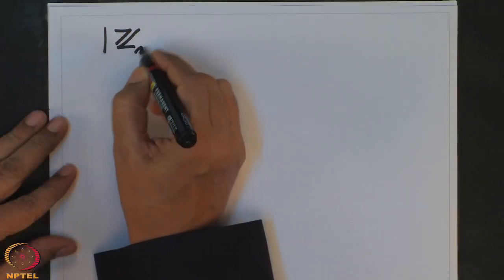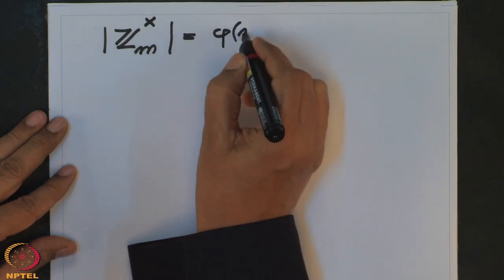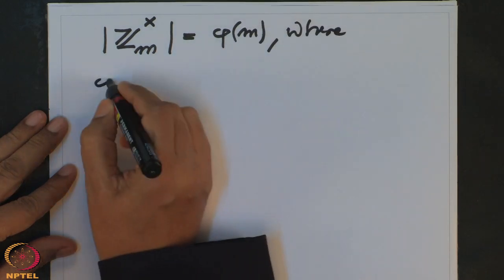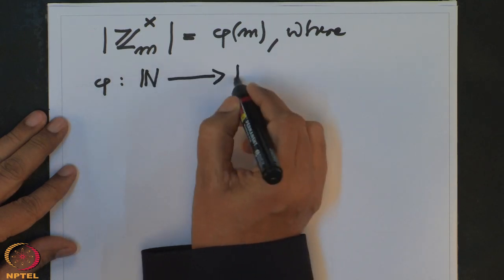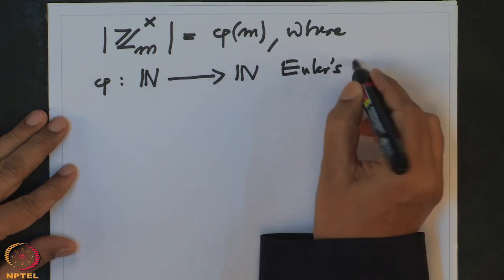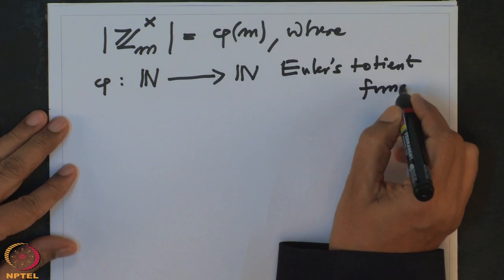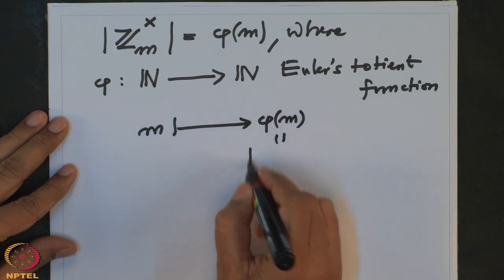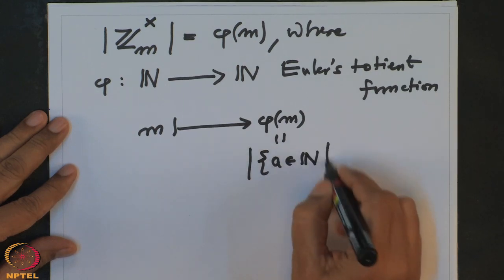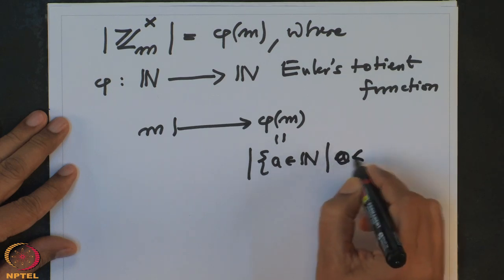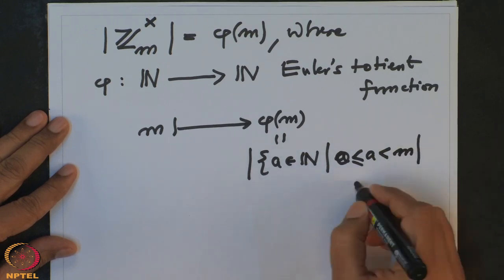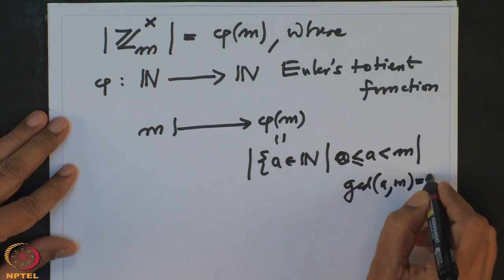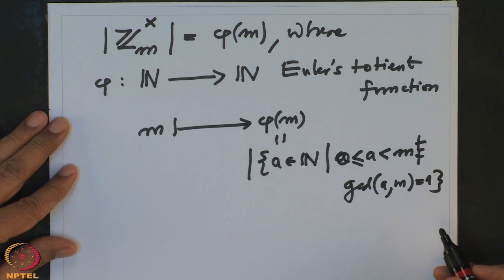There is a very famous notation for that due to Euler: the cardinality of Zm cross is precisely phi of m, where phi is Euler's totient function, which maps any natural number m to phi m, and phi m is by definition the cardinality of all the natural numbers a with 0 less than or equal to a less than m and GCD of a and m equal to 1, the number of coprime integers.